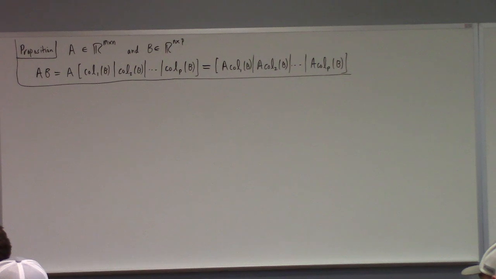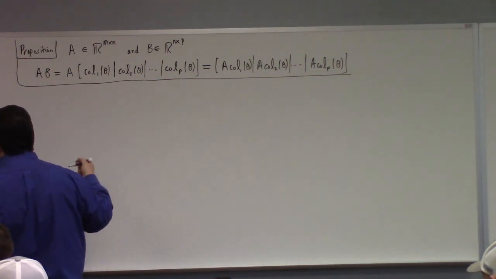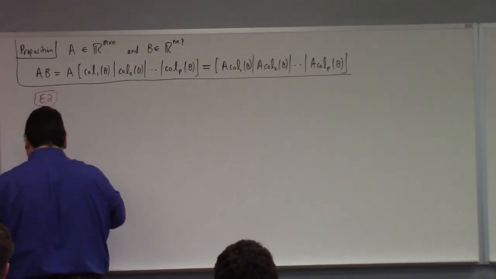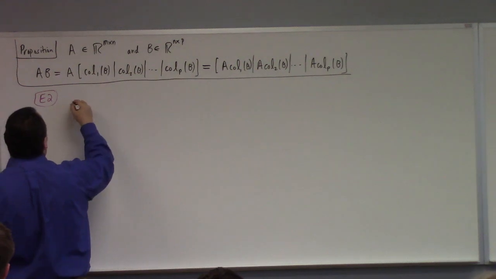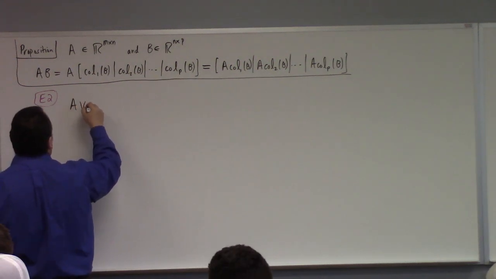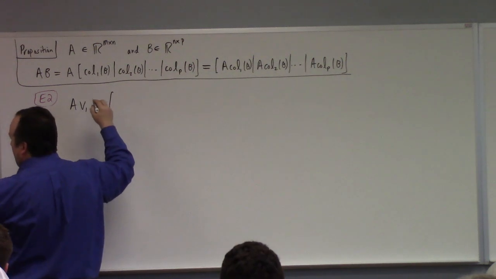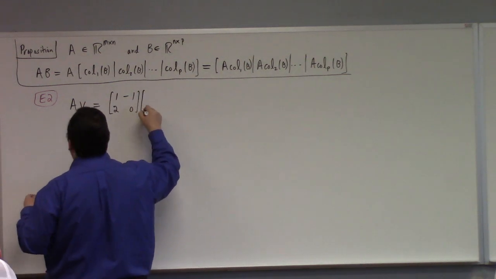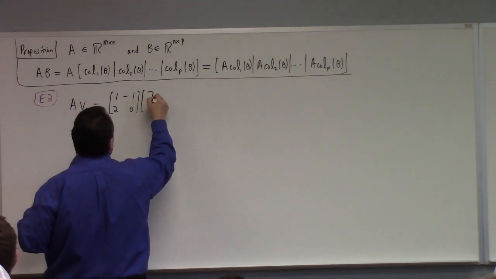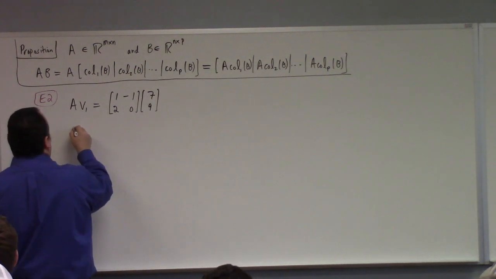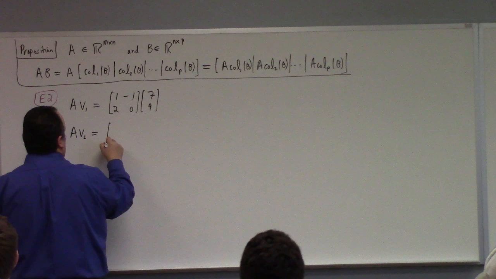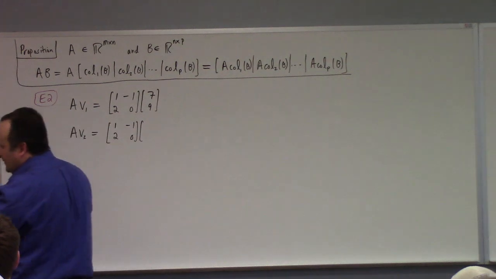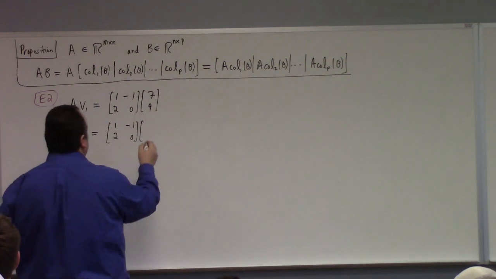So let's look at example 1 from a different lens. Example 2: let us calculate A times V1, where A is the same matrix, [1, -1; 2, 0], and V1 is (7, 9). And then we'll look at A times V2, same A, and my vector is (8, 10).